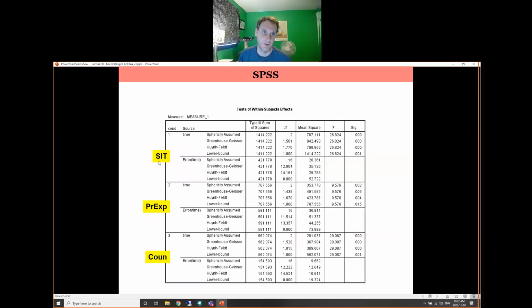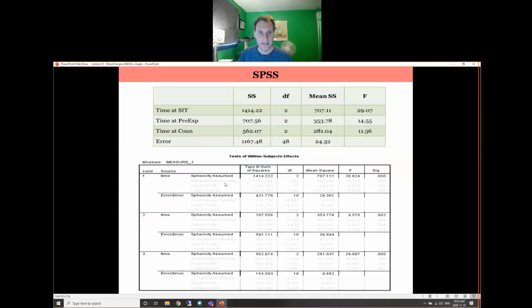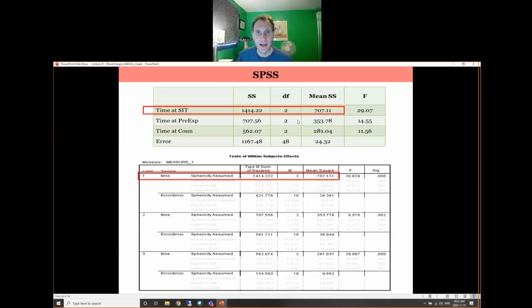You can see that because it says condition 1, condition 2, condition 3. And that's what those were labeled: SIT, prolonged exposure, and counseling. I can get rid of all my Greenhouse-Geisser and these other estimates. I don't need them. And so I can just look at the sphericity assumed line. And when I look at my sums of squares that I computed, the within subject sums of squares, it's identical to what SPSS computes.